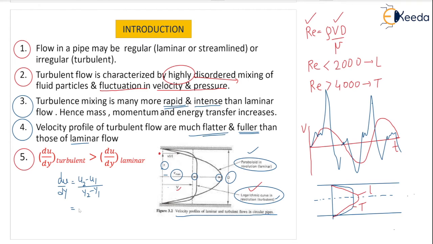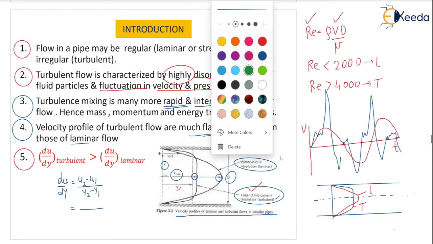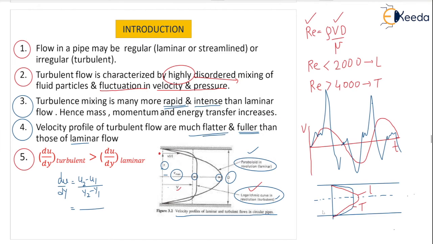So the question is, we are comparing the velocity gradient for turbulent and laminar. So for y2 minus y1, I'll just make a straight line with the green color on the diagram which I have drawn. Let us say I'm drawing a line like this. Correct. The line is very clear to you. So this is y1 and this is y2.